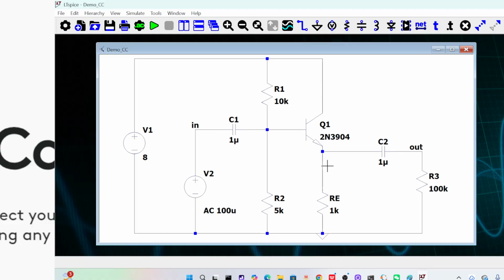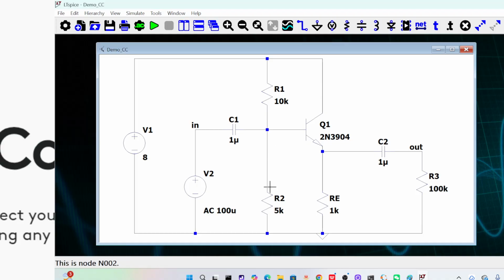Input is here, output is here. We are going to build a tank circuit to feed into here. But you have a resistor here, so it's a kind of obstacle. It will produce damping to the tank circuit, to the input. So what we can do here is, first, we are going to rebias the circuit.